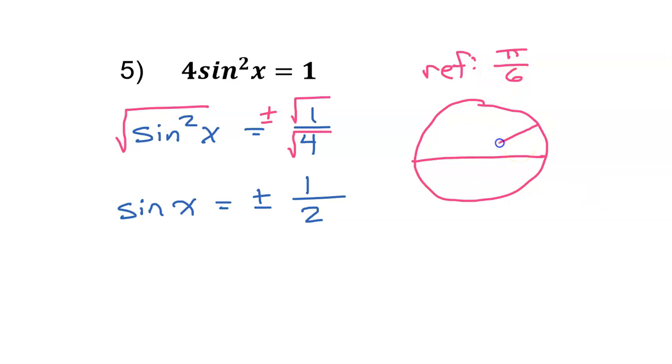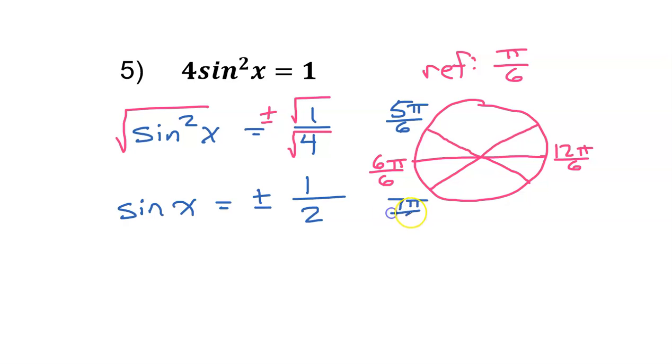There are 4 angles that have a reference angle of pi over 6. There's one in each quadrant. Since the reference angle is pi over 6, I am going to think of pi as 6 pi over 6, and I will think of 2 pi as 12 pi over 6. That makes this 5 pi over 6, and I have 7 pi over 6 here, and 11 pi over 6 right here.